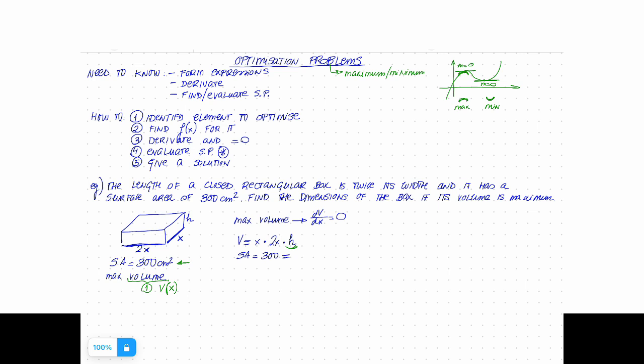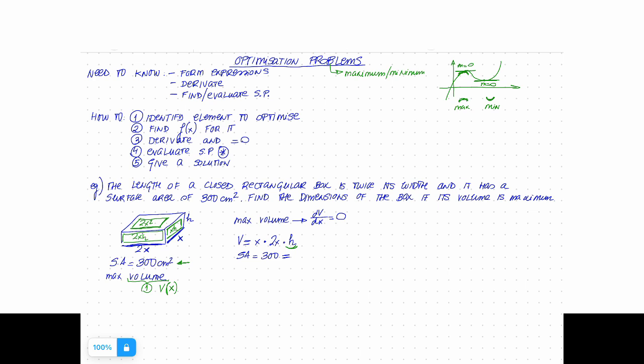centimeters squared, and I can find this in terms of x and h, because if you think of it, I've got 2 of these sides, which are 2x squared, and then I'm going to have two of these faces, xh, and two of these faces, 2xh.